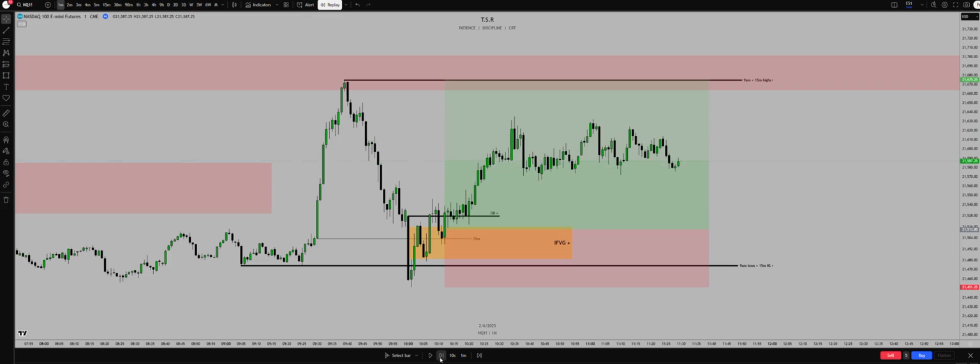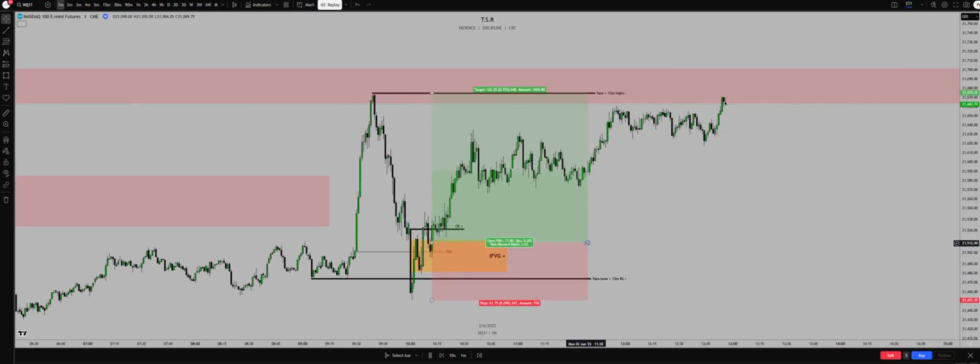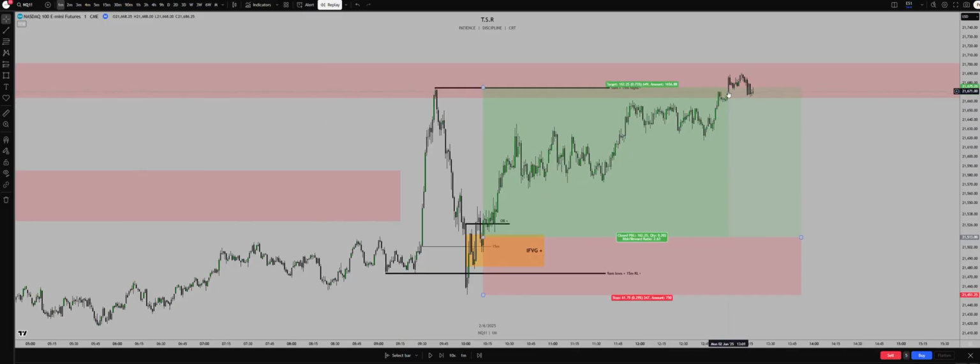Should be tapping into final TP pretty soon. Let's see when this hits. And just like that, final TP would have been hit, at about 1 p.m. So this was a long hold for 162 points. But at 1 p.m., your full TP would have been hit.